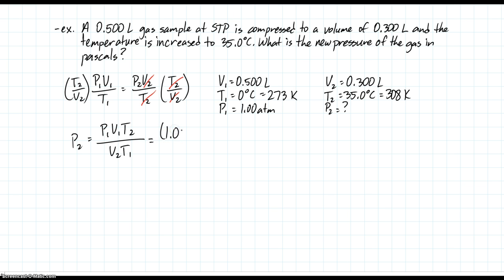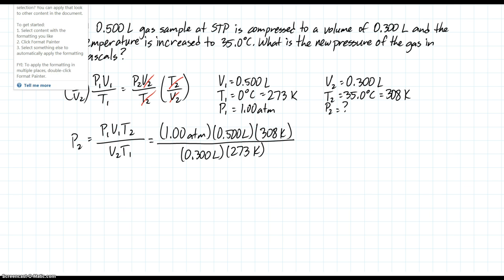We have 1.00 atmospheres times 0.500 liters times 308 kelvins, all over 0.300 liters times 273 kelvins.